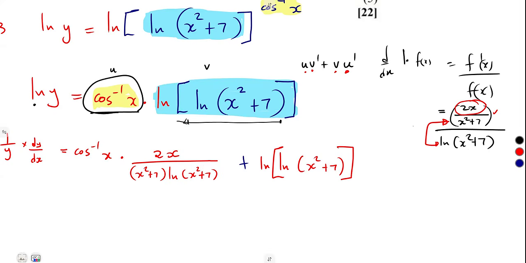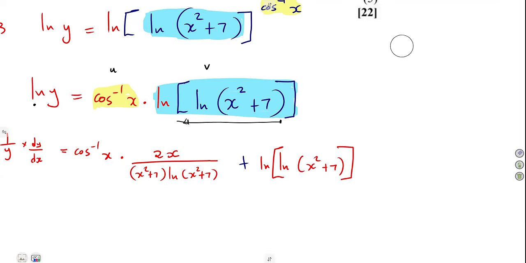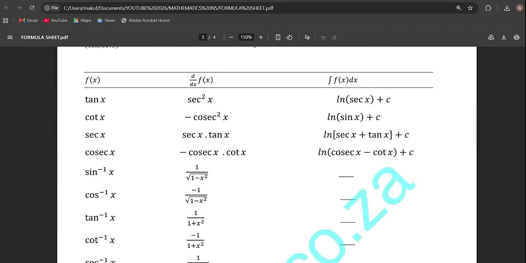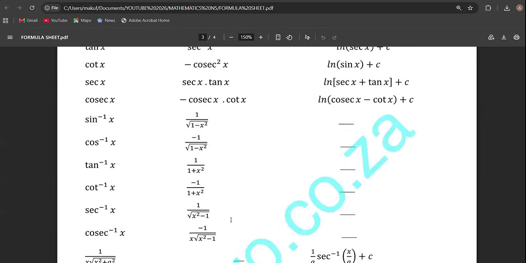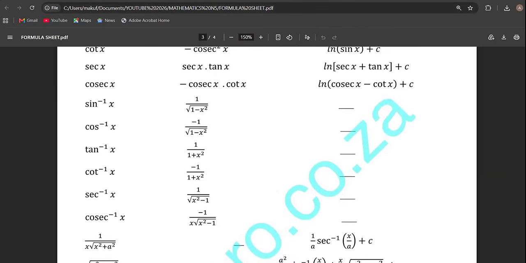U is an inverse trig function, and I said for an inverse trig, do not worry because you have this in your formula sheet. You just take it from the formula sheet as it is. The inverse trig of a cos is given from here. These are the derivatives.